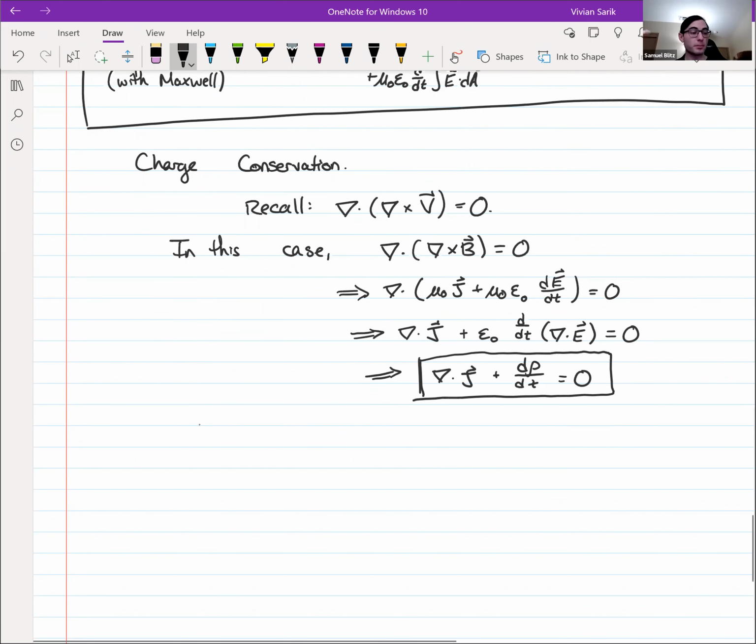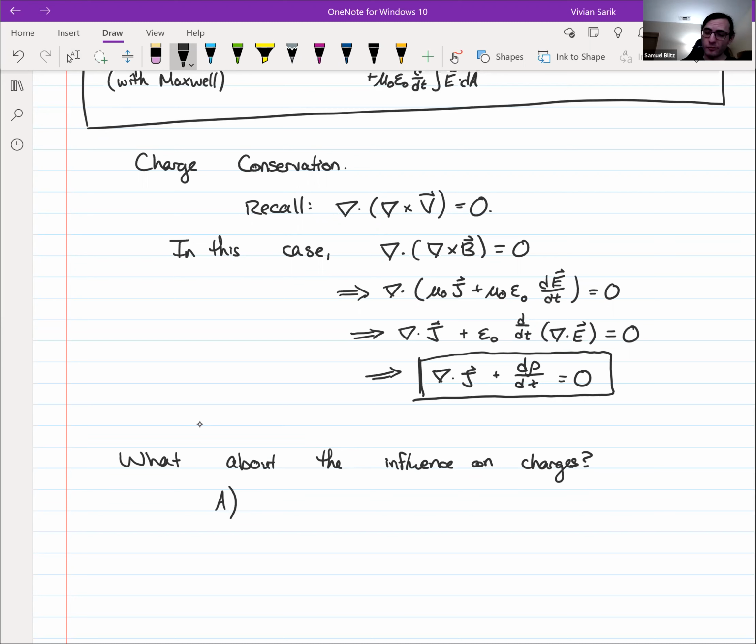Now, I did say that this doesn't tell us how charges behave under the influence of these fields. And so you can include that in two ways. One of them is obvious, or the influence on charges, I should say.